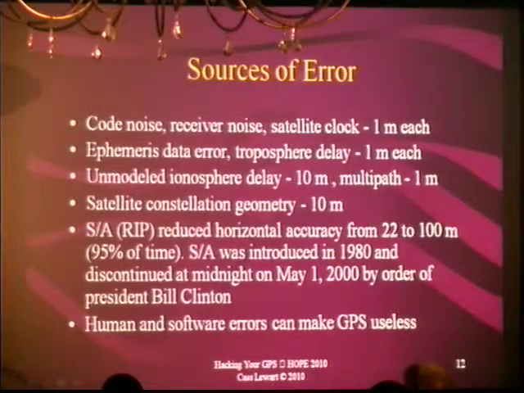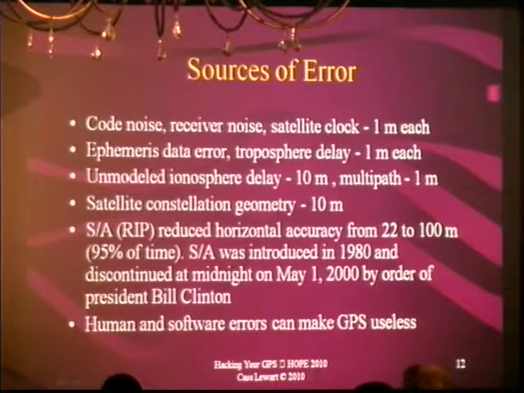Now, there are various sources of error. There's noise in the signal coming in. One of the major sources of error is as your signal bounces. There are 2 frequencies currently being used, 1.2 gigahertz and 1.5. It's called L1, L2.